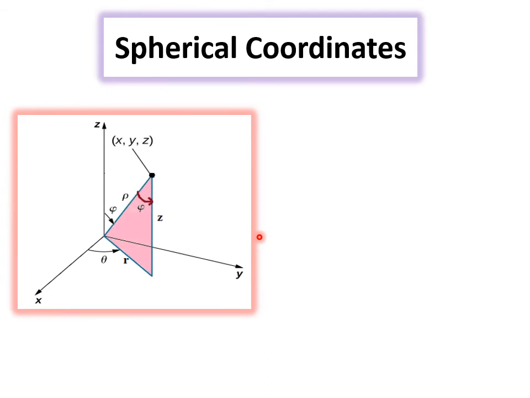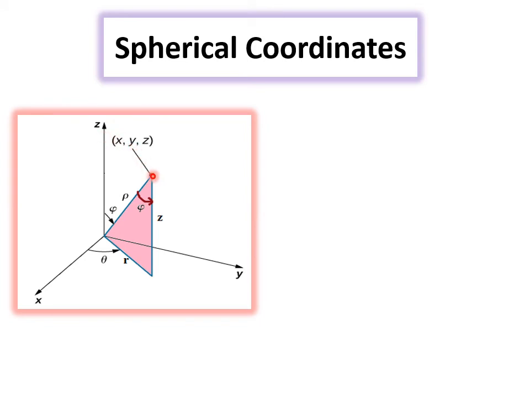So here, the point xyz in the Cartesian coordinate system is located by moving x units along x-axis, y units along y-axis and z units along z-axis. The spherical coordinate variables are rho, the radial distance from origin to the point in space, theta, positive tilt of x-axis, phi, another angle which is positive tilt of z-axis.